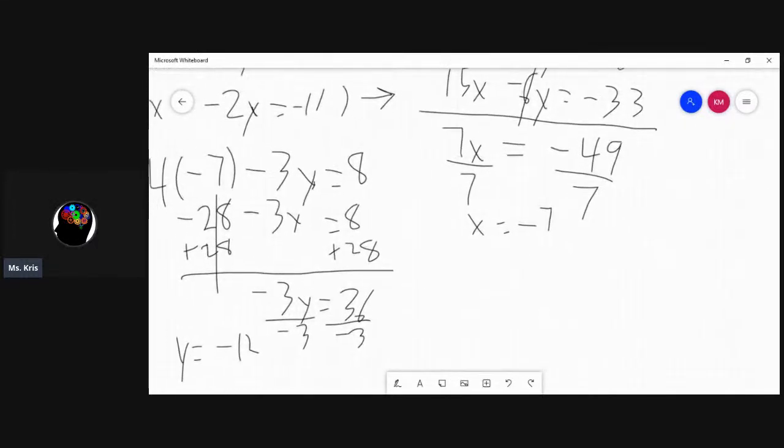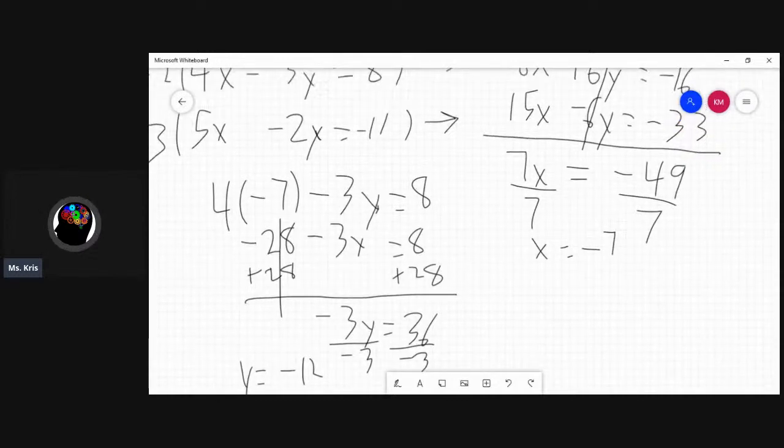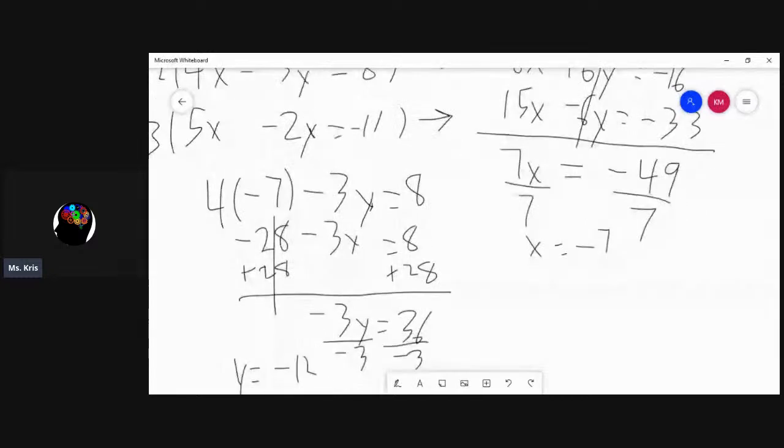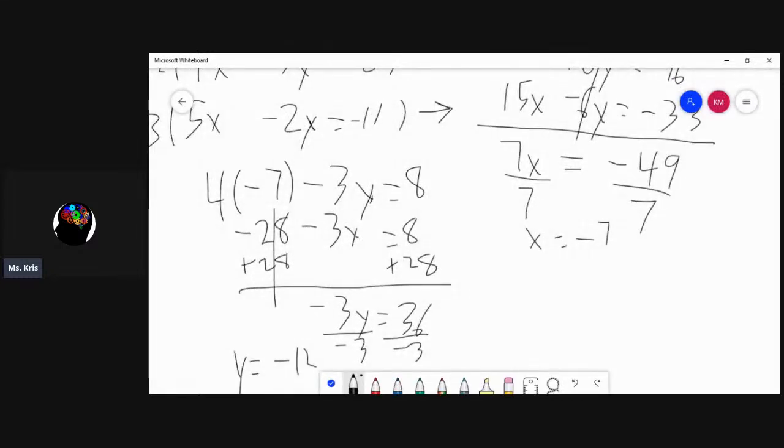And I can check my answer with my negative 7 and my negative 12 by plugging them back in. 4 times negative 7 minus 3 times negative 12 should give me 8. 4 times a negative 7 is a negative 28.